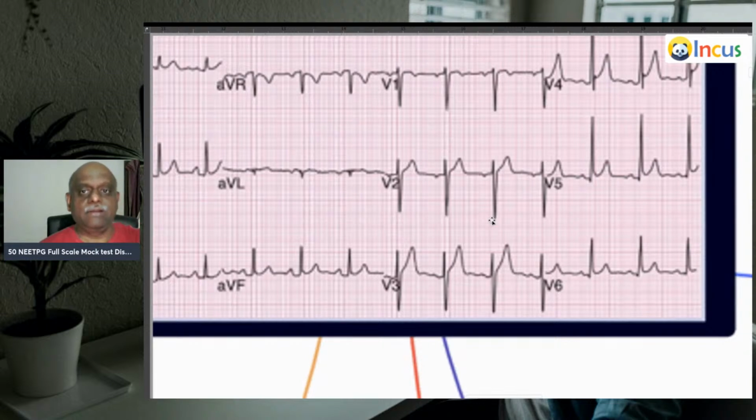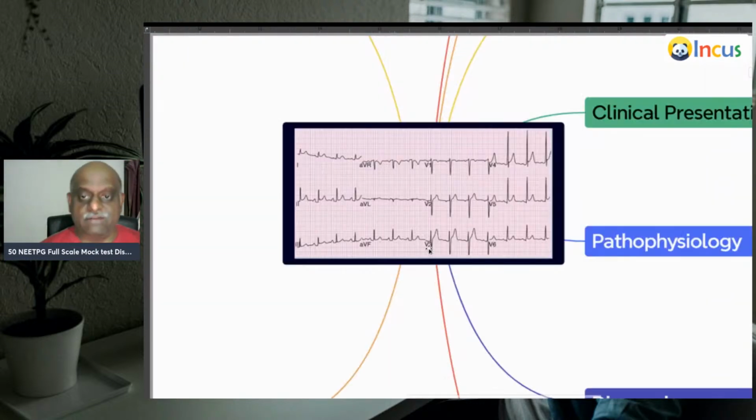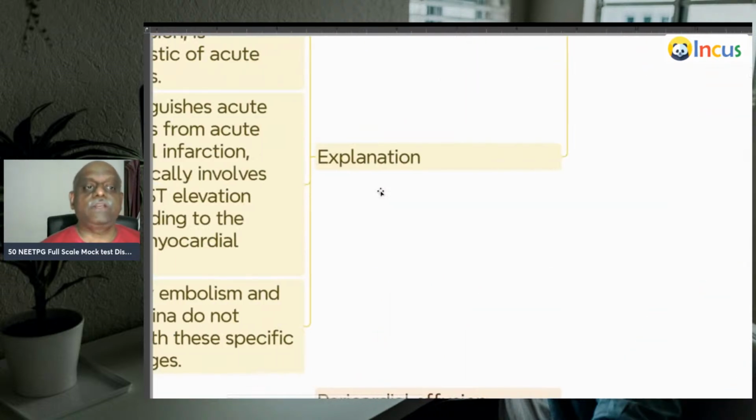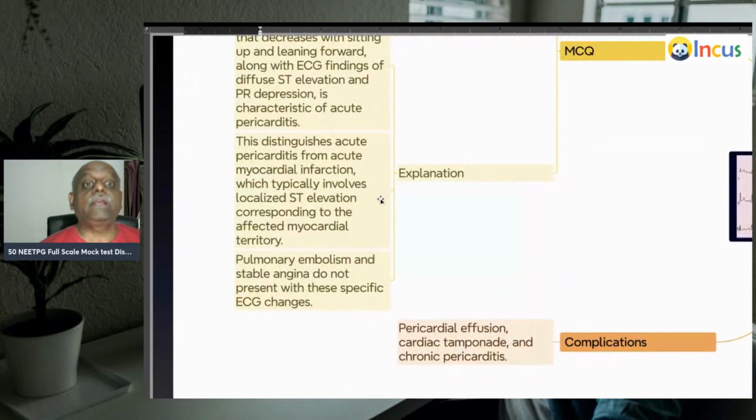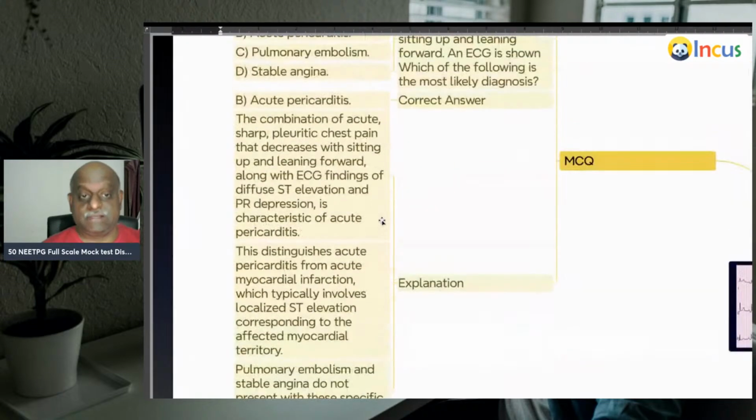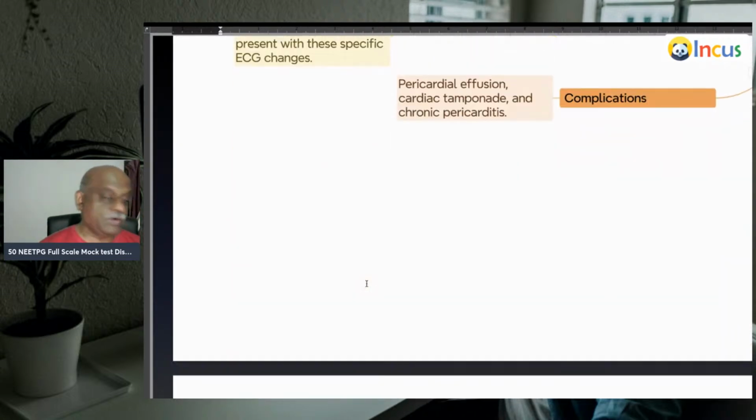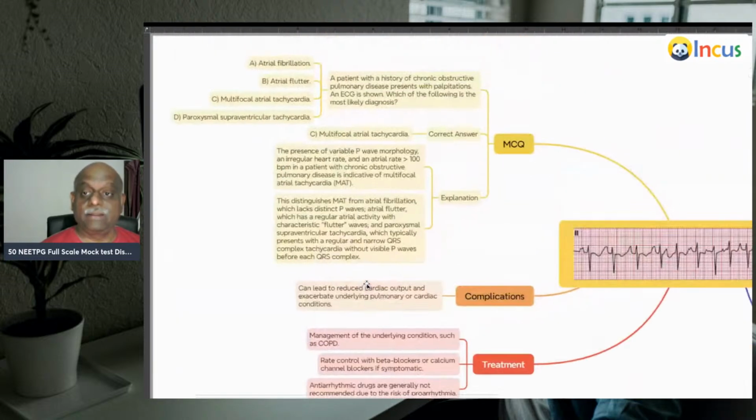PR depression with diffuse ST elevation. ST elevation in V4, V5, V6, multiple leads, which is very characteristic of acute pericarditis. So ST elevation with PR depression is a very characteristic feature of acute pericarditis, is what you need to remember.